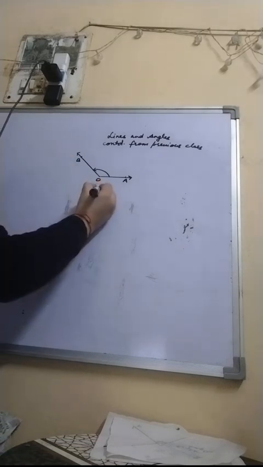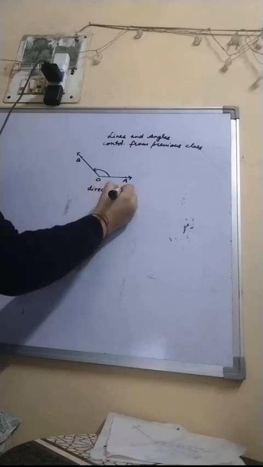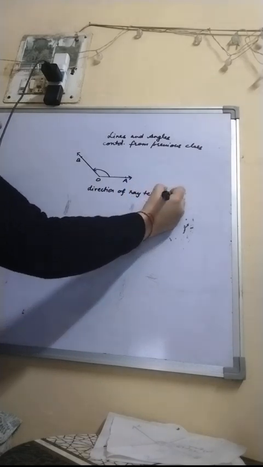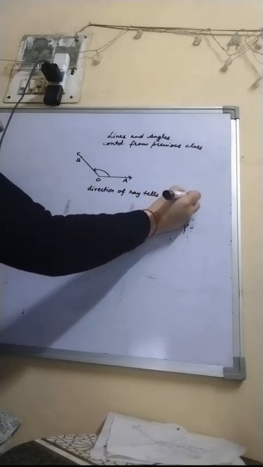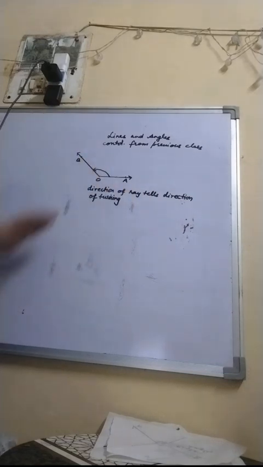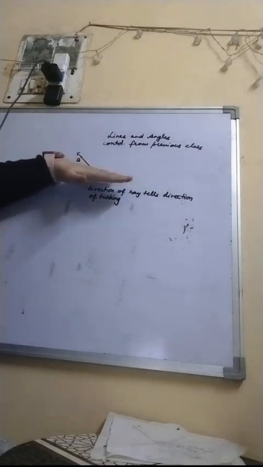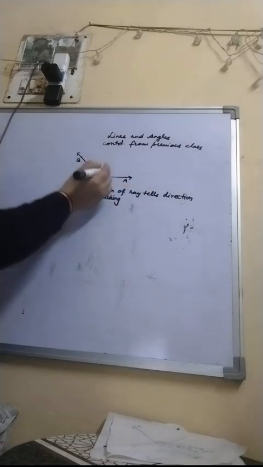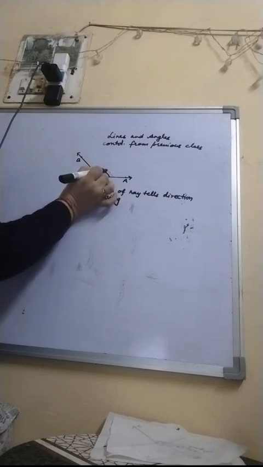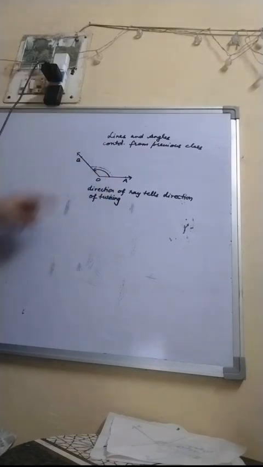Direction of the ray, or direction of turning. Now here OA is in the right direction. So how would it turn? It would turn and reach OB like this. So the arrow is in this manner.